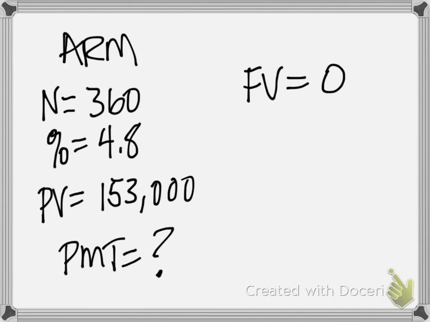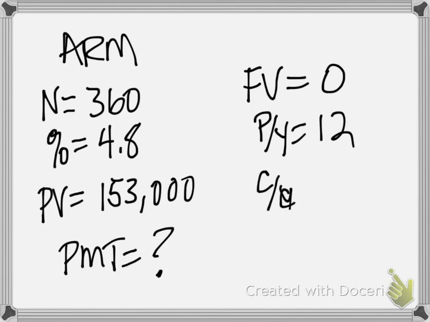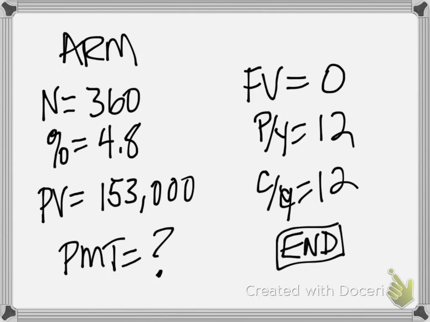Everything gets paid off. Our payments per year is 12, and the other is also 12, and then just make sure that your TVM solver is on at the end there.